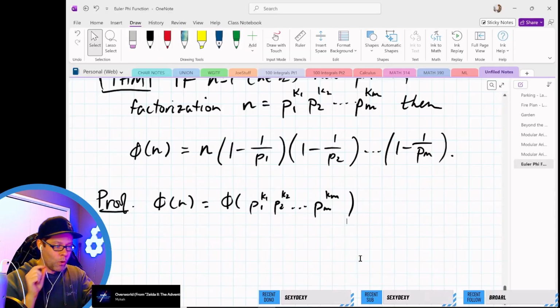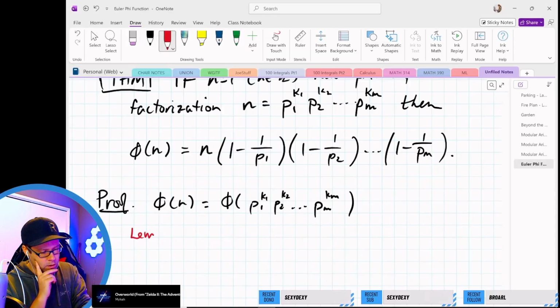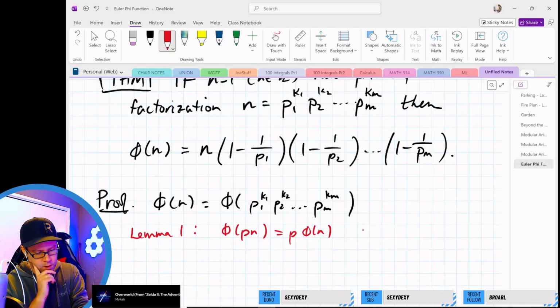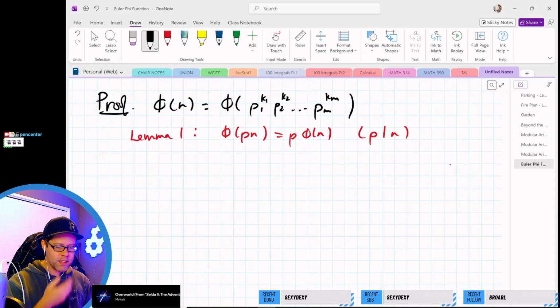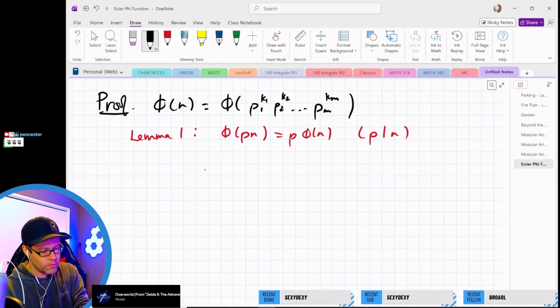According to lemma 1, what did lemma 1 say? Lemma 1 said if we have phi of pn, this is equal to p phi n, provided that p divides n, right? Because of this, we should now be able to rewrite this original multiplication of powers of primes in the following way.